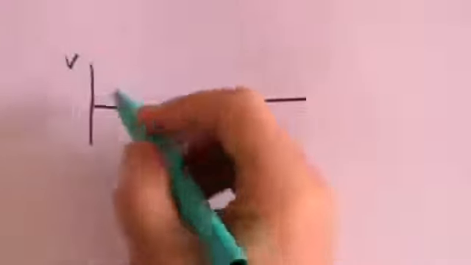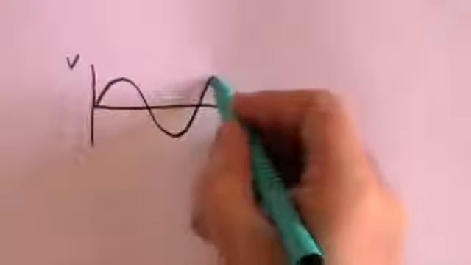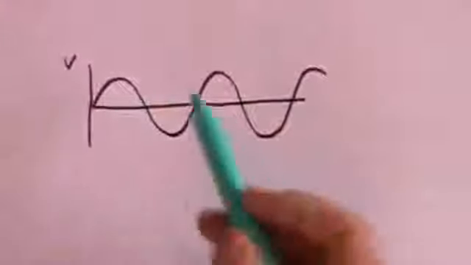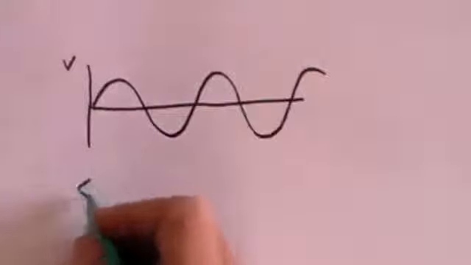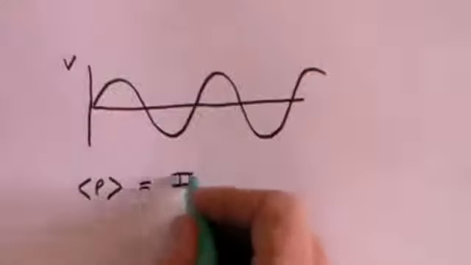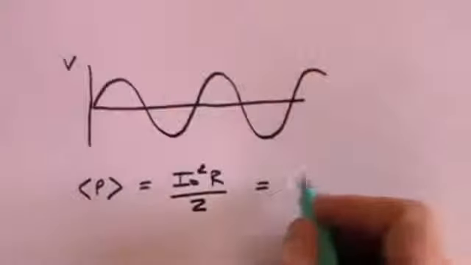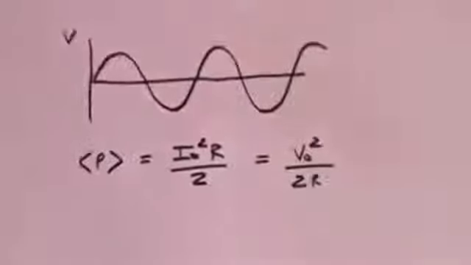This is voltage, and this is the sine wave, which in the UK will go at 50 times per second from the maximum to 0 to the negative maximum. And what we've just shown is that the average power that you get from this will be equal to I naught squared R over 2, which is the same as V naught squared over 2R.